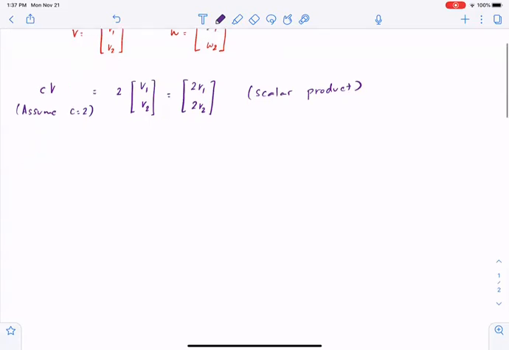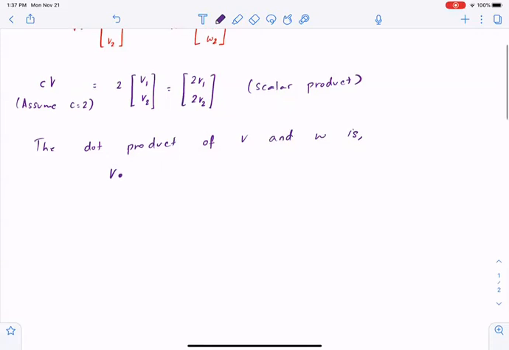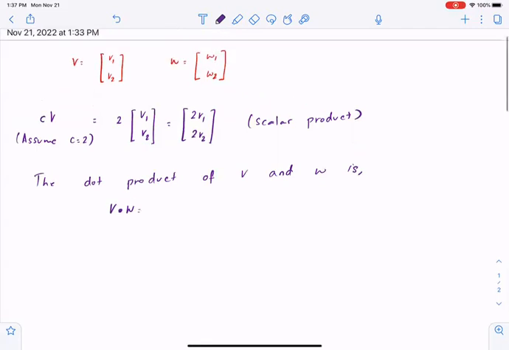So suppose we have the two vectors V and W. The dot product of V and W is written V, well, you put a dot, hence the name dot product: V dot W. One thing that we do traditionally, when we write a vector, is write it as a column.